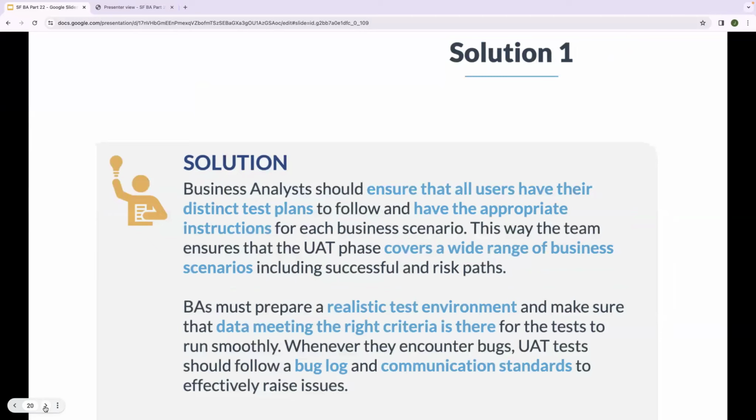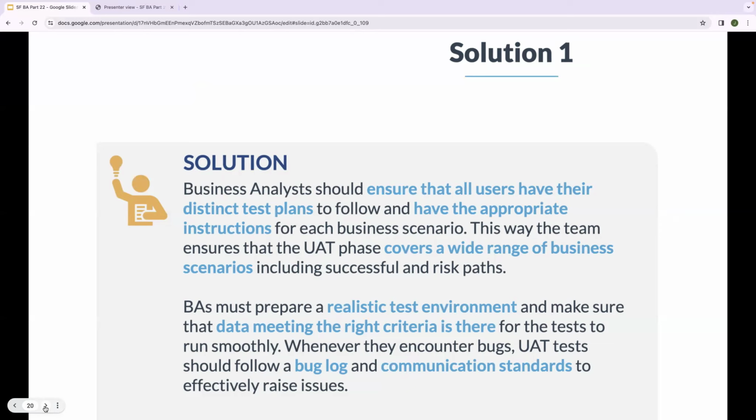The solution is business analysts should ensure that all users have their distinct test plan to follow and have the appropriate instruction for each business scenario. This way, the team ensures that the UAT passes cover a wide range of business scenarios, including successful and risk paths.